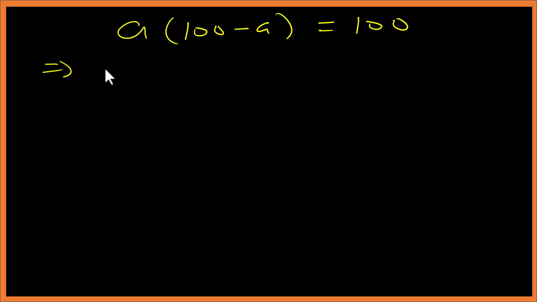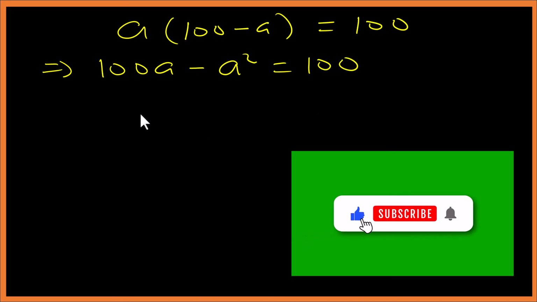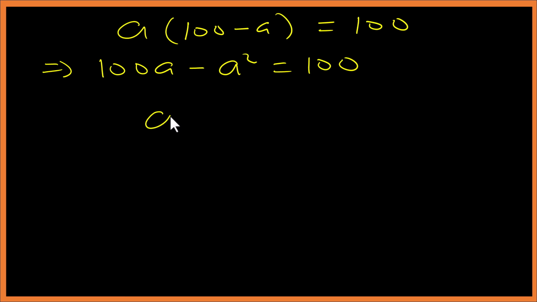So we have 100a minus a squared equals 100. Let's arrange this. I want to get rid of the negative, so it becomes a squared minus 100a plus 100 equals 0.